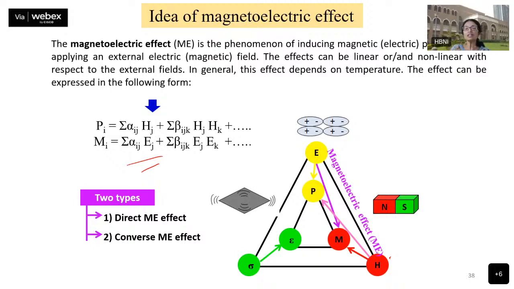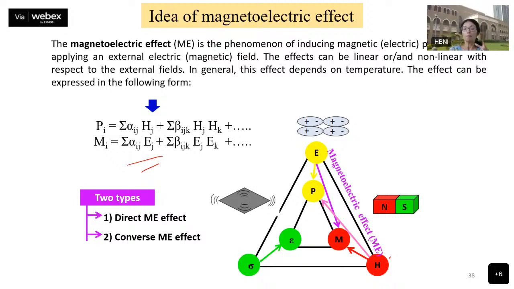So if you combine these two kinds of things, applying one particular field and the other polarization gets affected, this is known as a magnetoelectric effect, when you apply an electric field and magnetization changes, or apply a magnetic field and the electrical polarization changes.